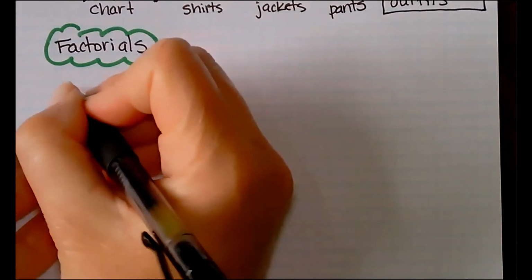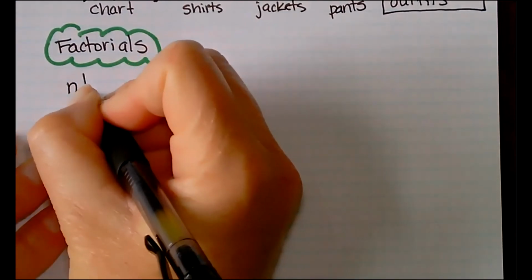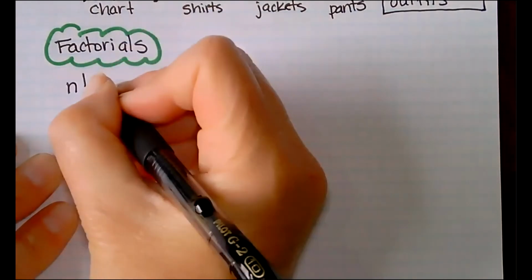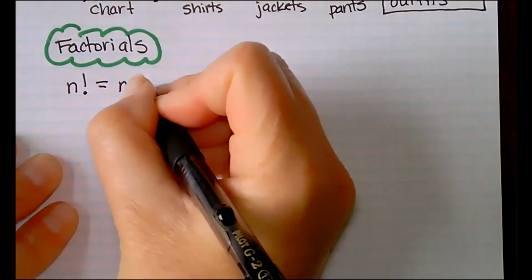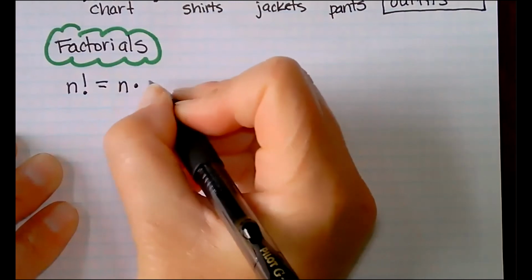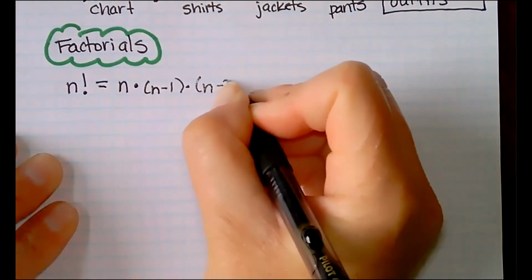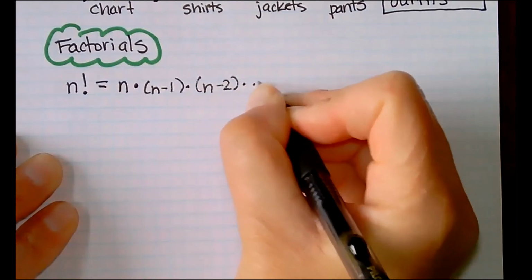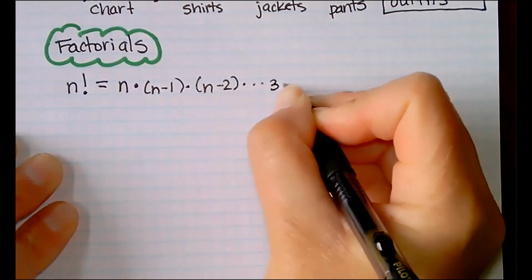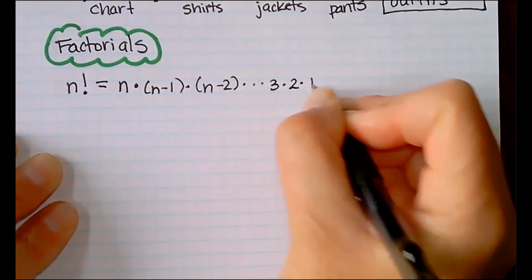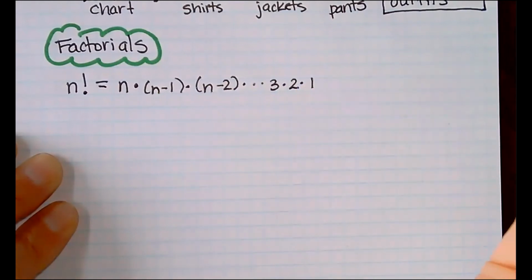And factorials, if we have n with the exclamation point, it's read n factorial. That is equal to n times the number in front of n, which is n minus 1, and the number in front of that, which is n minus 2, and so on, all the way down to 3 times 2 times 1. That's what n factorial is.